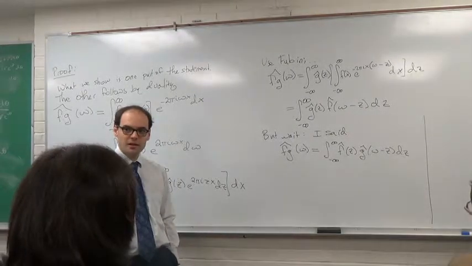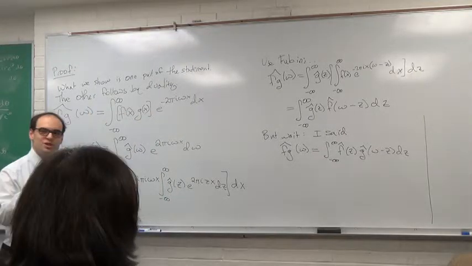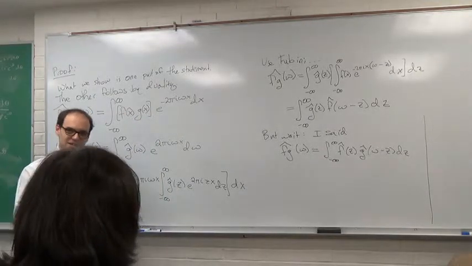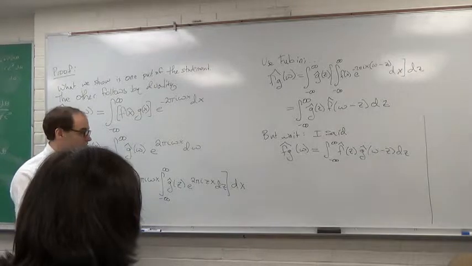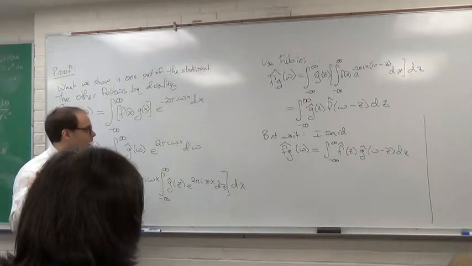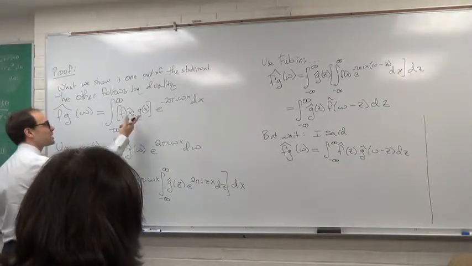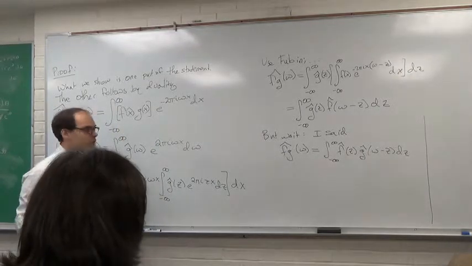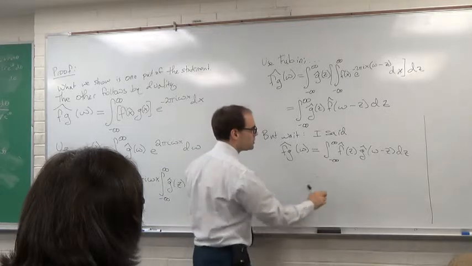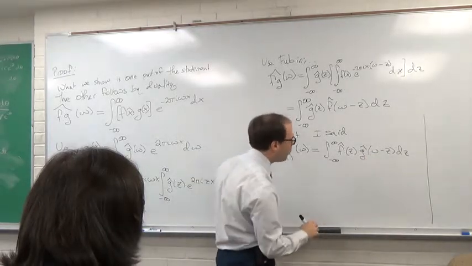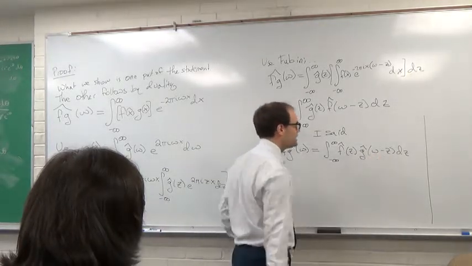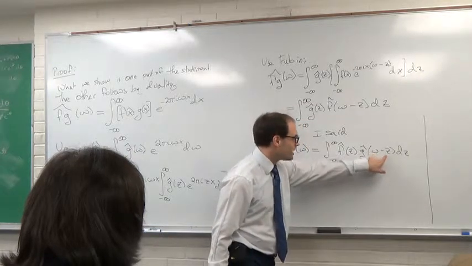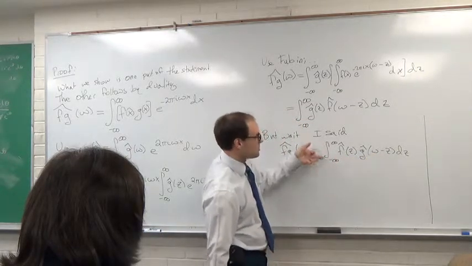I've heard two correct proofs, which is great. I heard a change of variables, that certainly does it nicely. And the other one was the observation that this is symmetric in F and G. There's nothing at all different about F and G, so I could have just switched them. So both of those work. Of course, with the change of variables, I'd do something like y equals omega minus z, and then I pick out the minus sign, fine, and that minus sign flips the order of my integration.